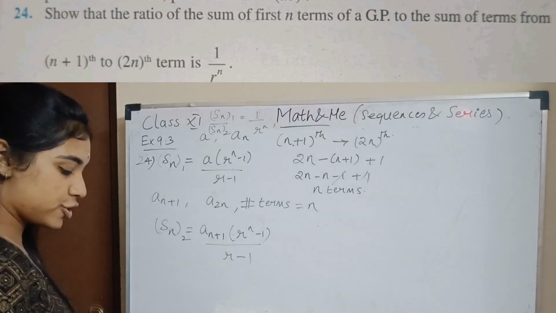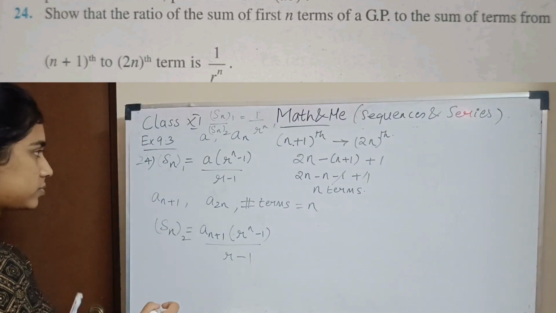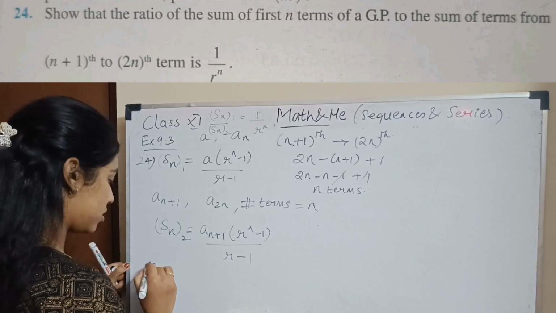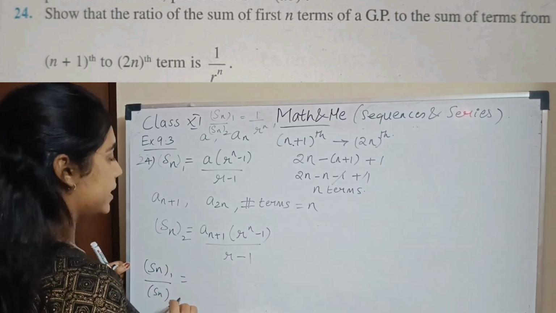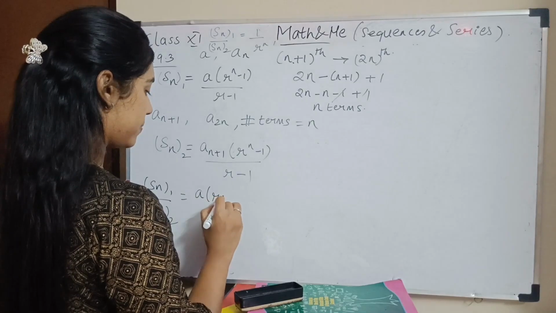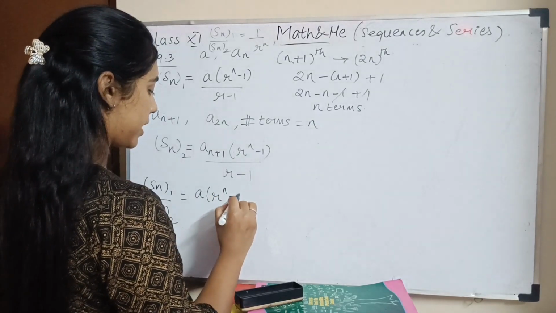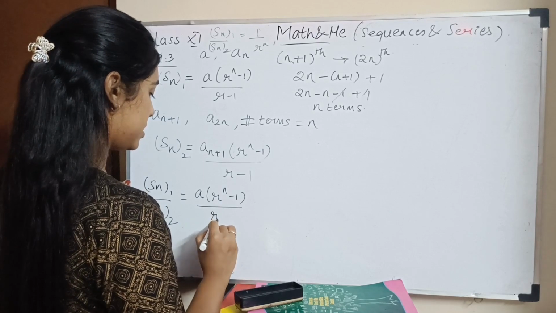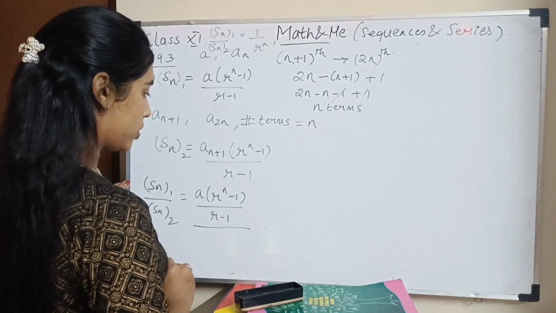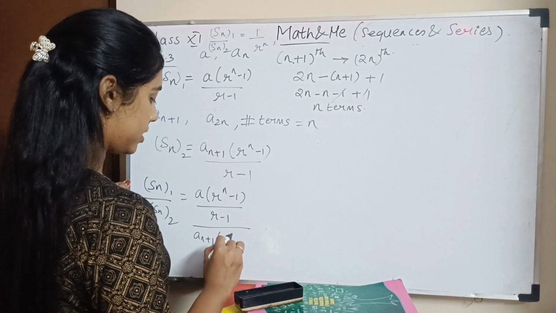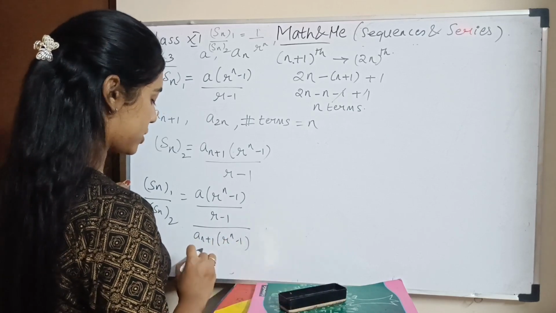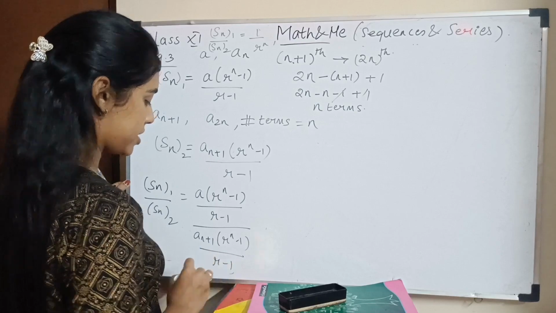So when you take the ratio, what do I have? Sn of 1 divided by Sn of 2 equals a times r to the power n minus 1 divided by r minus 1, the whole divided by a n plus 1 times r to the power n minus 1 divided by r minus 1.